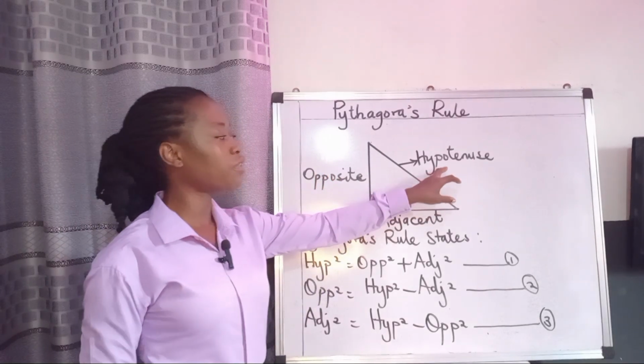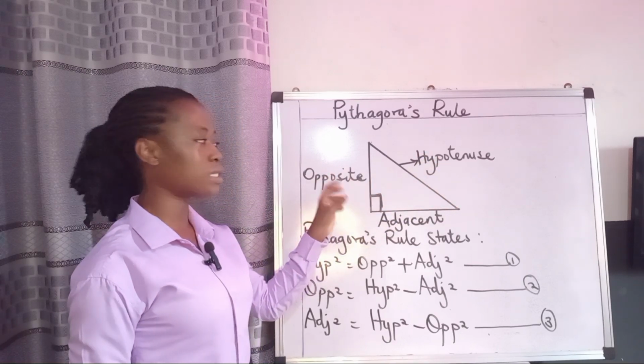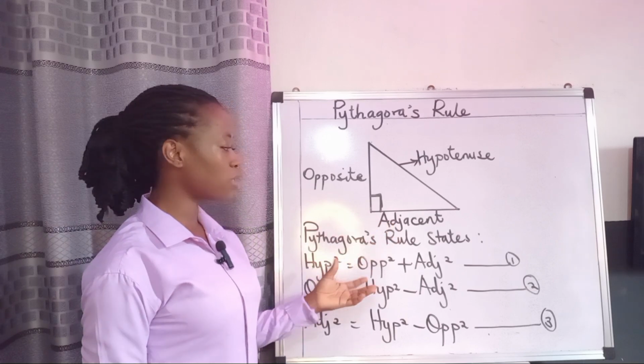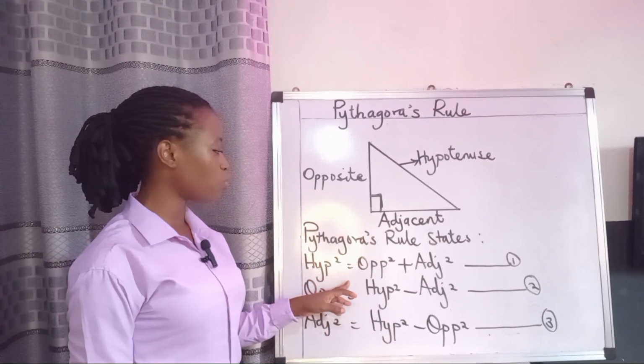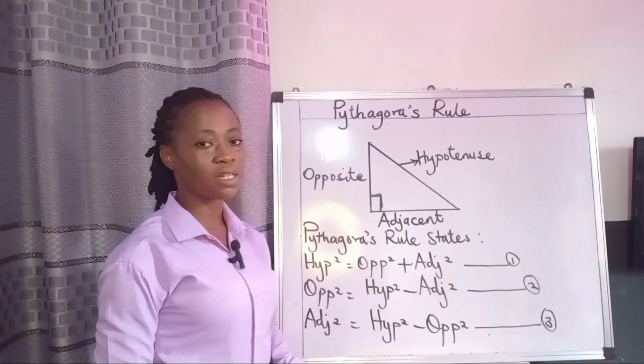So the square of the hypotenuse is equal to the sum of the squares of the opposite and the adjacent. So what we are trying to say is hypotenuse squared is equal to opposite squared plus adjacent squared.